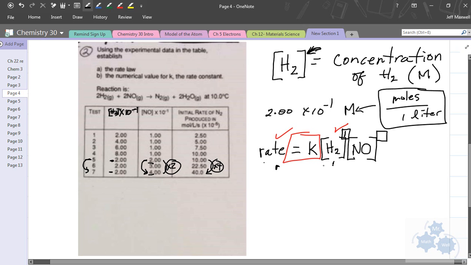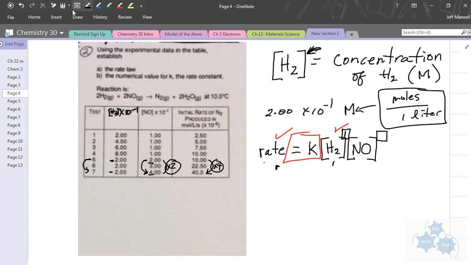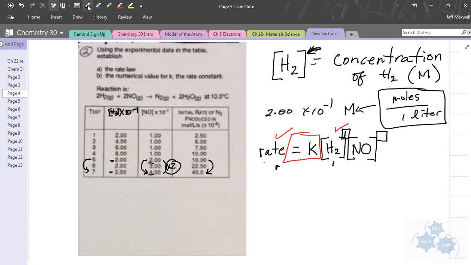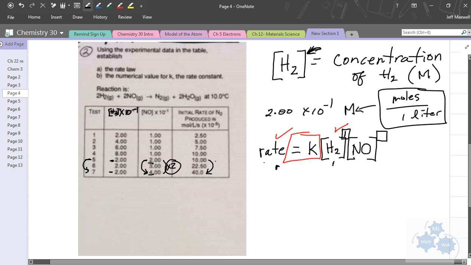Triples, triples, right? But NO, let's think about a power. So how can I write 4 as a power? And here's the hint. If this is doubling, can I write 4 as a power of base 2? Yeah. Okay, 4 is the same as 2 squared.